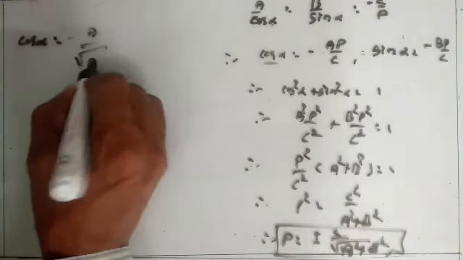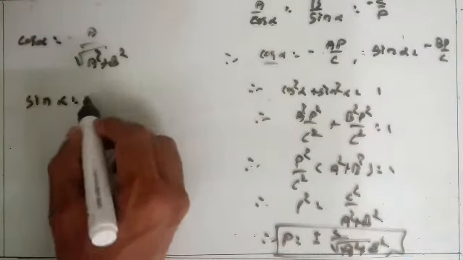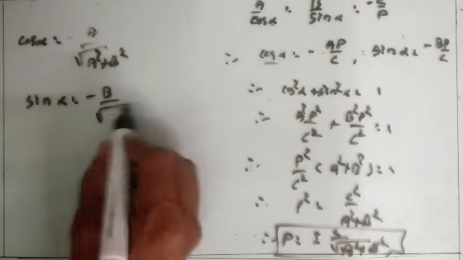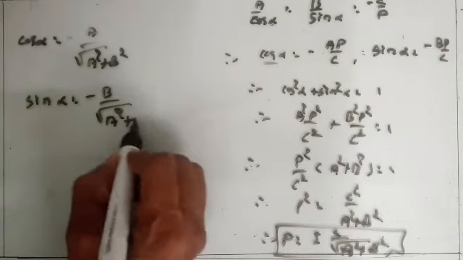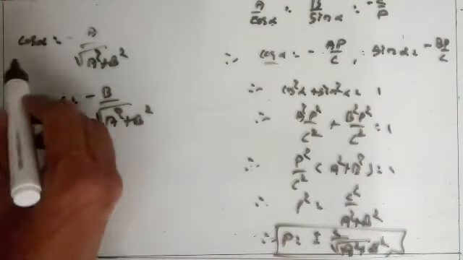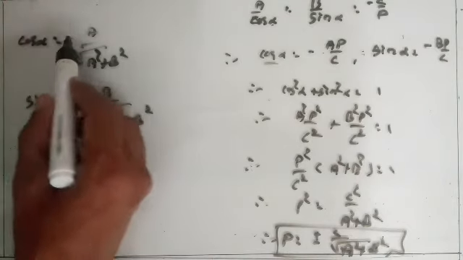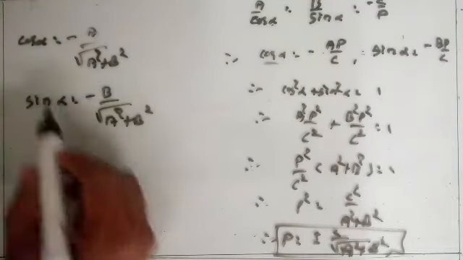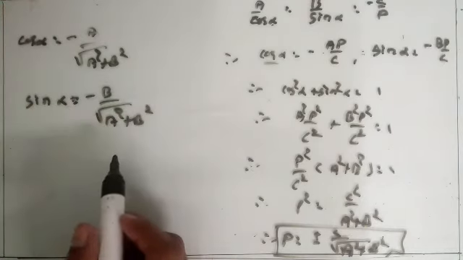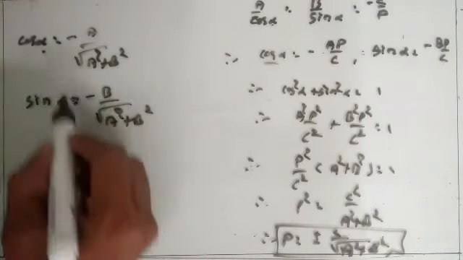Same, sin alpha: here p is equal to c upon root of a square plus b square, c from both cancels, and we get minus b upon root of a square plus b square. Clear? So using cos alpha equal to minus a upon root of a square plus b square and sin alpha equal to minus b upon root of a square plus b square, we get the value of alpha. Clear?